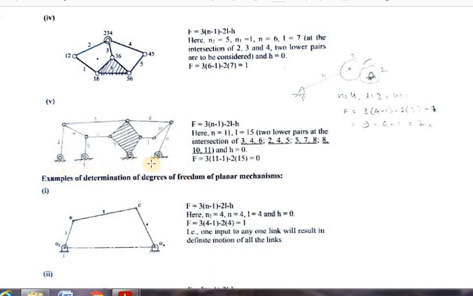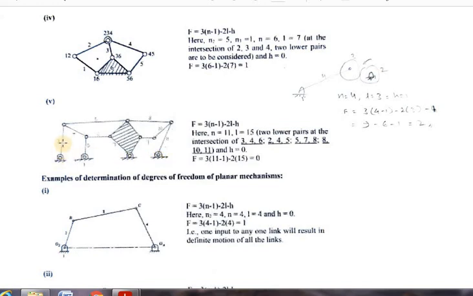This is link number 1, this is 2, this is 3, 4, 5, 6, this whole link is 7, 8, 9, 10 and 11. So totally there are 11 links, and small n you can consider as 11.